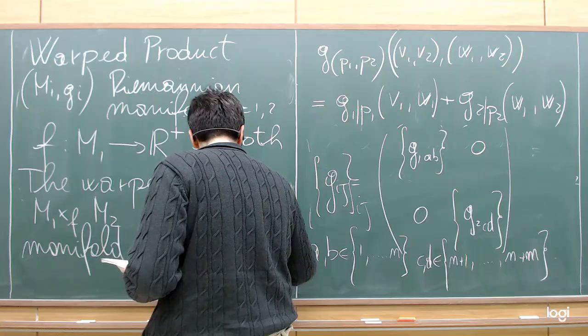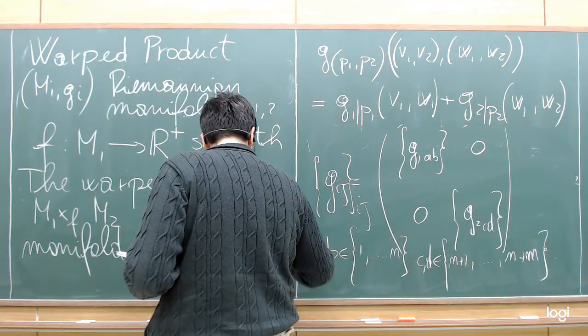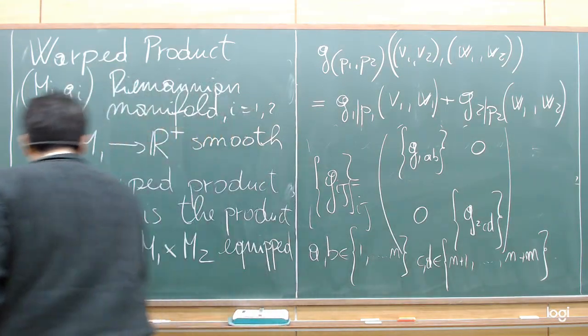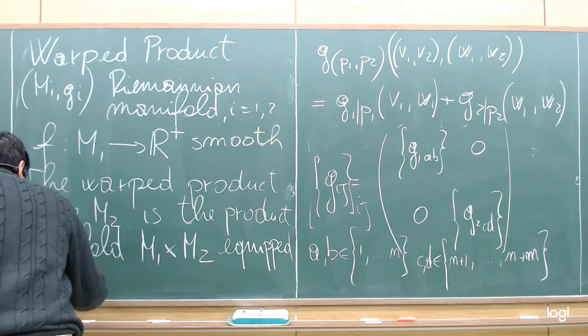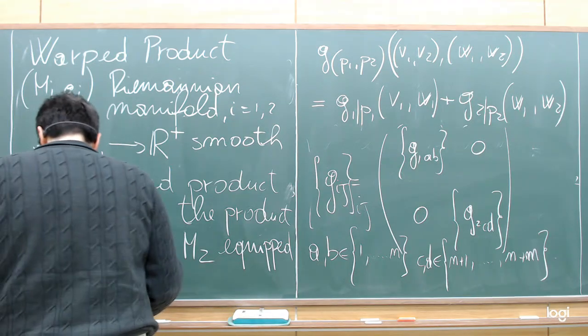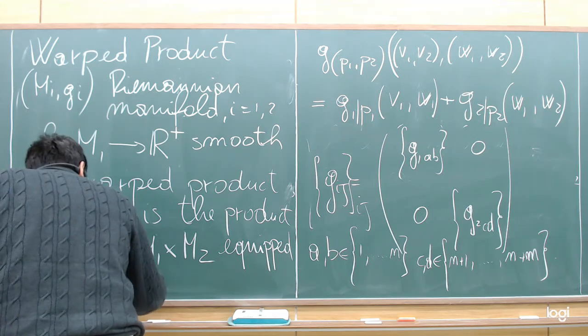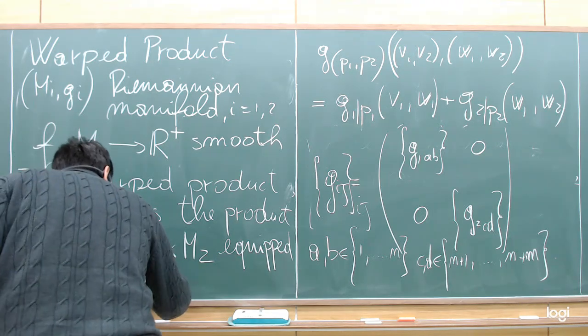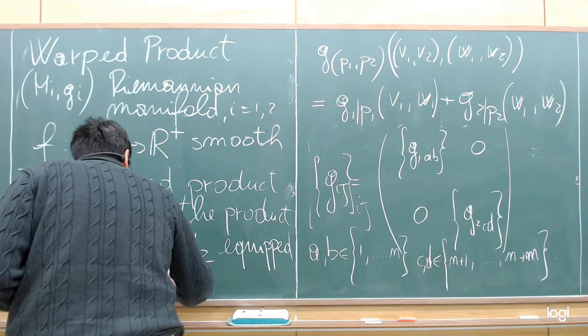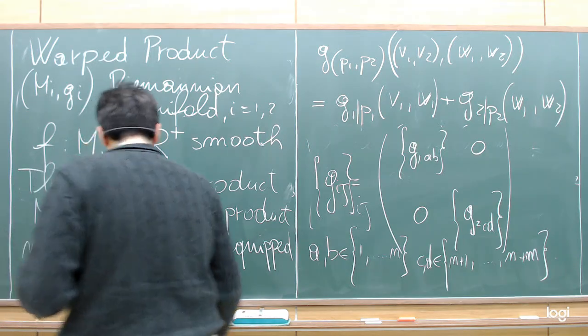So let's write it equipped with the metric G1 plus f squared G2.